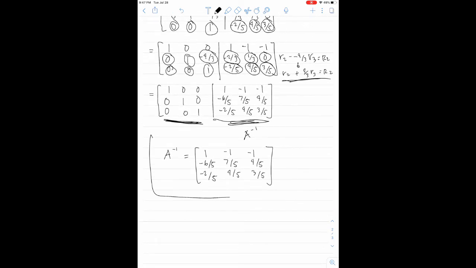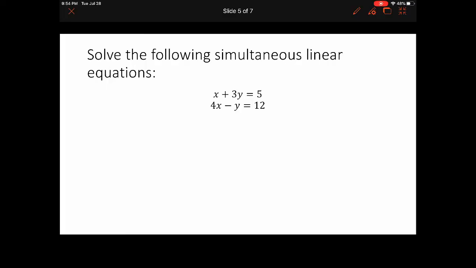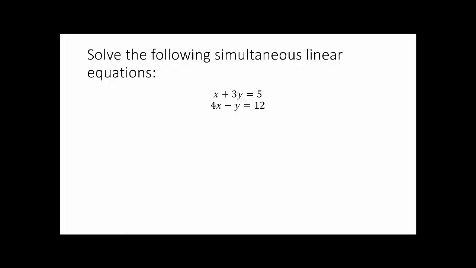So mao na ni ato ang inverse of matrix A gamit ang augmented matrix and the identity matrix. Okay, since nakita na ta ang finding the inverse only of a matrix, karon na example, system of linear equations na jud ni siya.